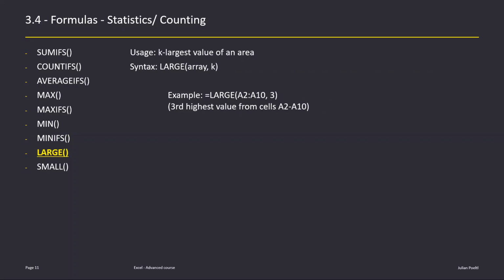LARGE hands out the x, or in this case k, largest value of an area. So for example, the third largest value from an area. But you need to pay attention with this function, because LARGE and also SMALL don't hand out the unique values of an area.